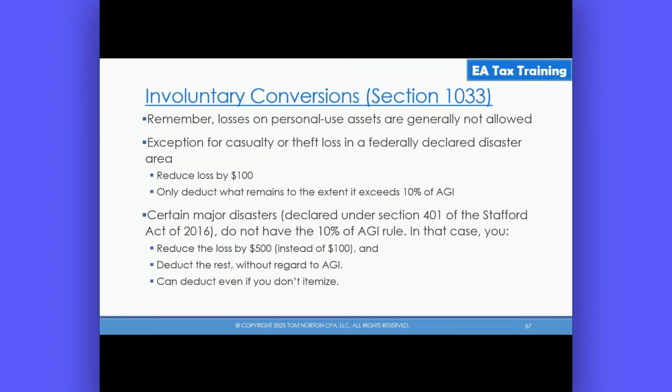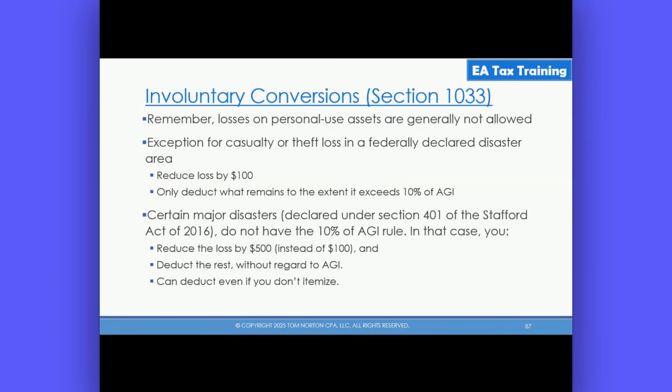So if you have a casualty or theft loss in a federally declared disaster area, then you can deduct part of that loss. First, you reduce the loss by $100, and then you can deduct what remains, but only to the extent that it exceeds 10% of your adjusted gross income.